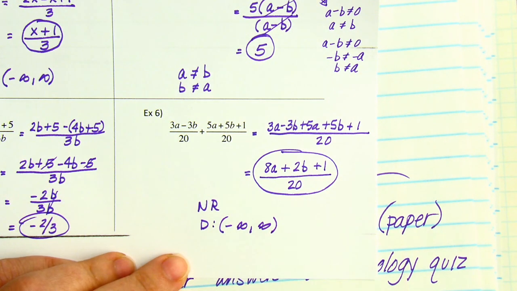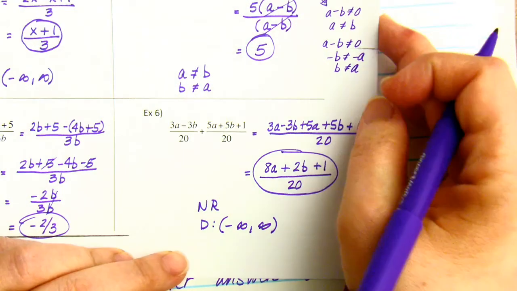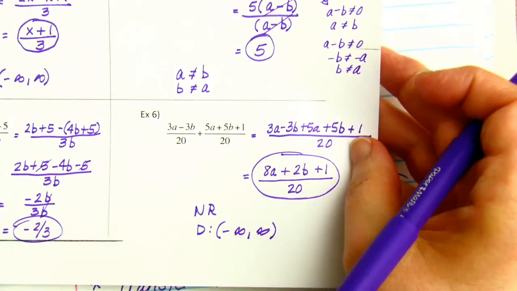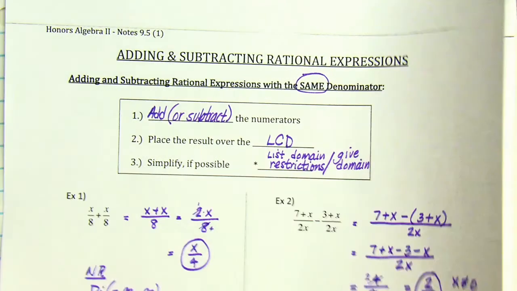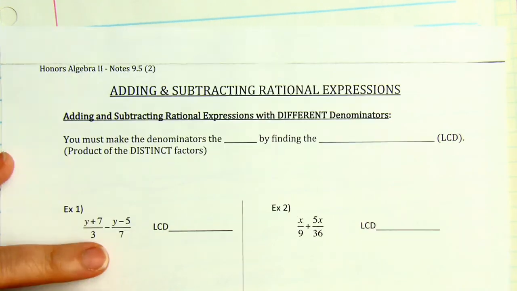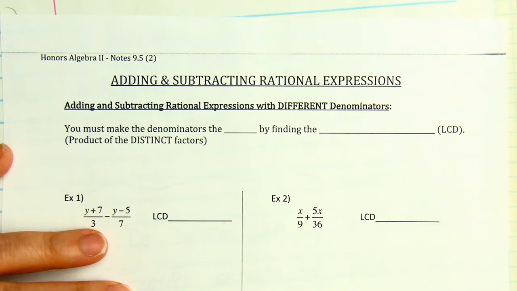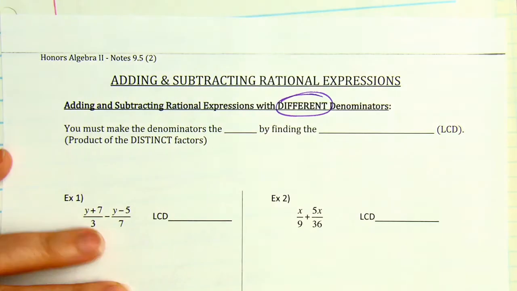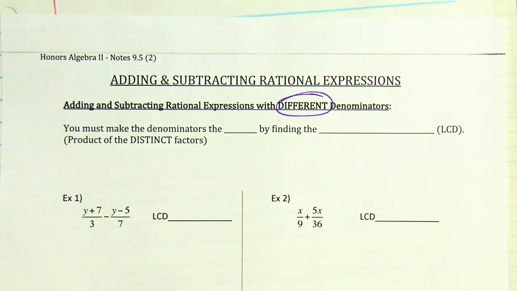Okay, so if you have questions on that, let me know. We're going to bounce over to the second part of 9.5, adding and subtracting rational expressions with different denominators. Now, these require a little bit more work because you have to get a common denominator.